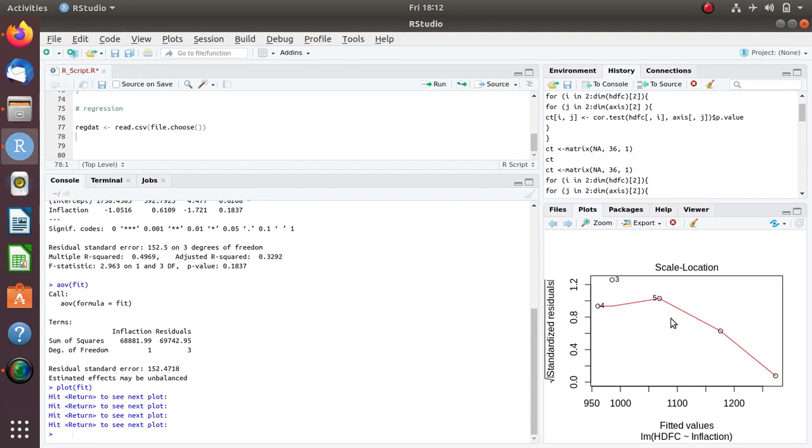There must not be a particular pattern. You see here you got a downward declining pattern. The curve is declining downward. That is not a good observation. So this should be a horizontal line. Then it satisfies the assumption.